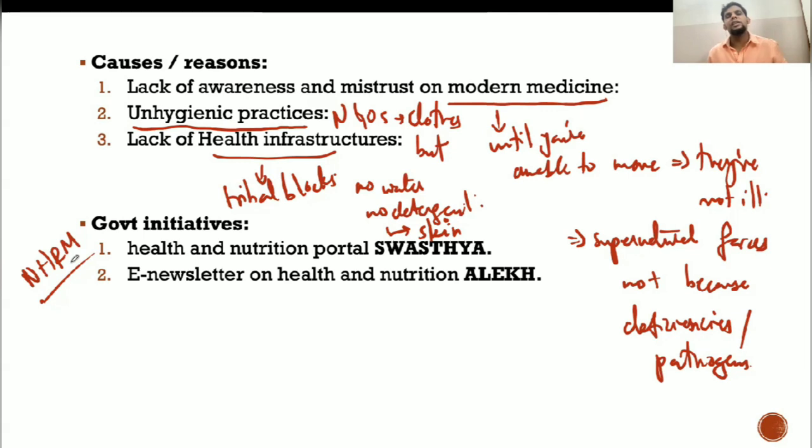When it comes to health for the tribals, you have a portal, Swasthya, which I think adds a lot of value. It's a one-stop source for all kinds of information. Aalek is an important e-newsletter. Even during your COVID period, they had a lot of information regarding what is happening in the country, which tribals, which area, what sort of health benefit has been provided, and so on and so forth.